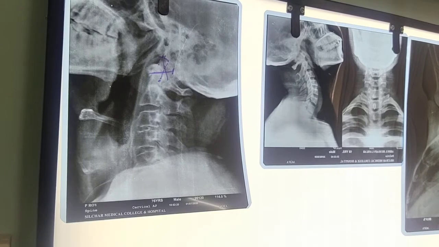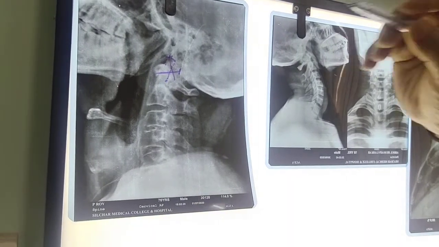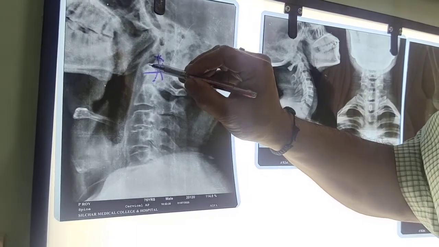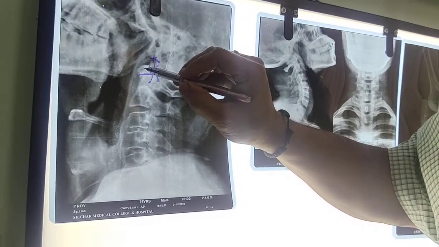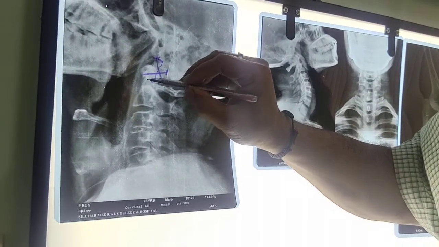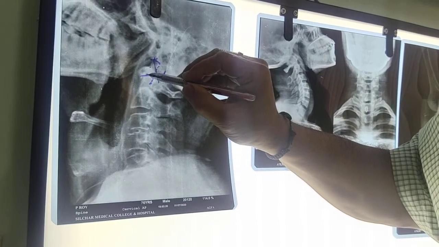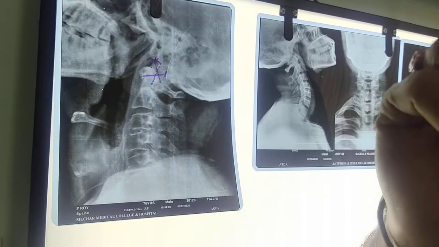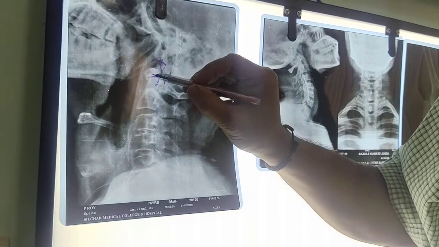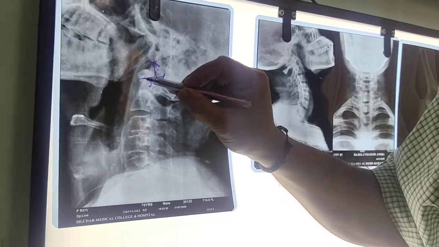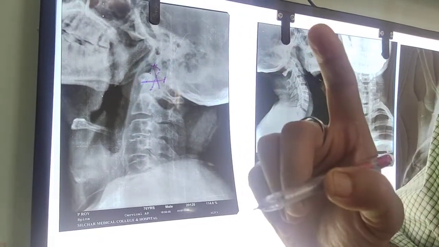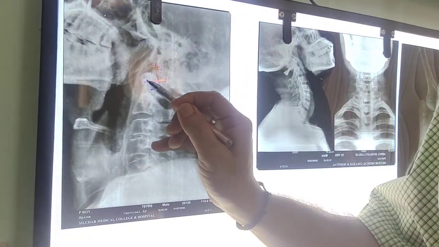ADI and PDI: if you look carefully, you will find this is the posterior border of the anterior ring of C1, and this is the anterior border of your odontoid process. So there is always a gap between the posterior surface of the ring and the anterior border of your odontoid process. This is usually 3 millimeters.